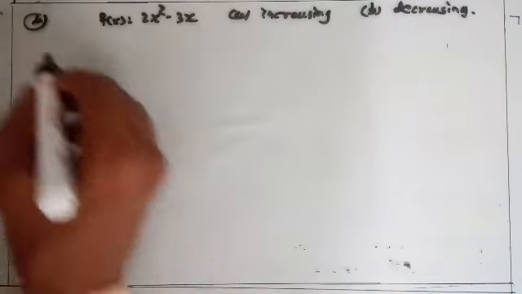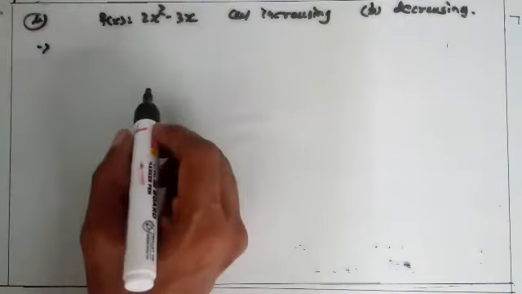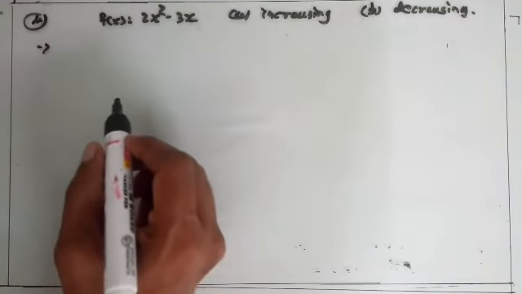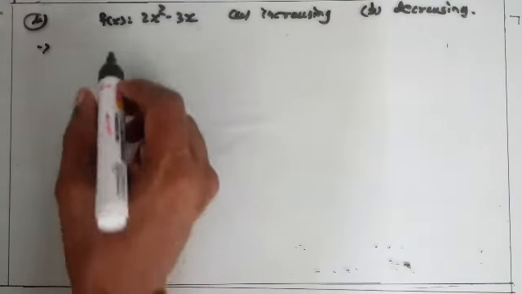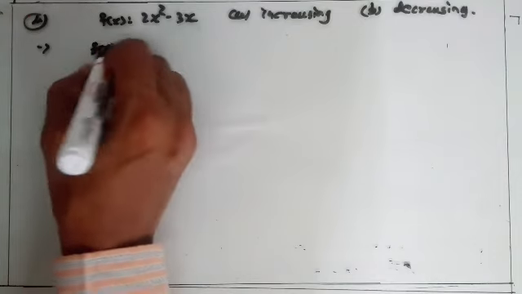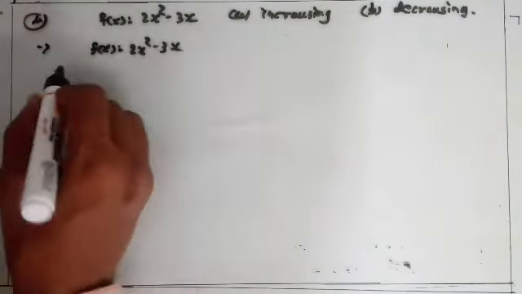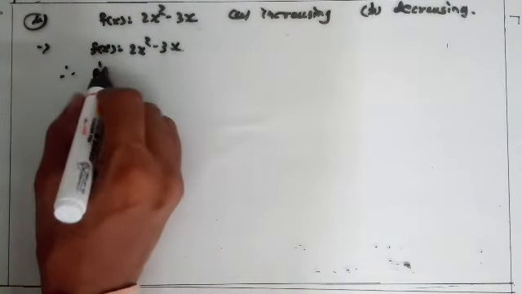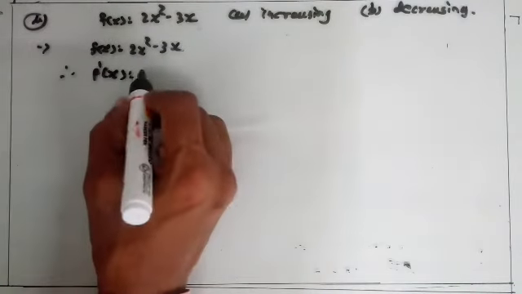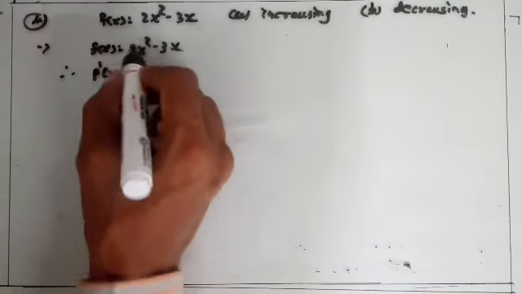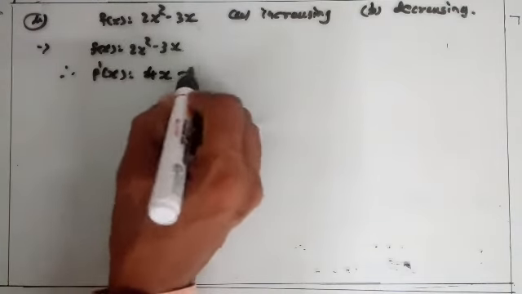To get the interval in which a given function is increasing and decreasing, we take the first derivative. Here f(x) = 2x² − 3x. Therefore, the first derivative f'(x) = 4x − 3.